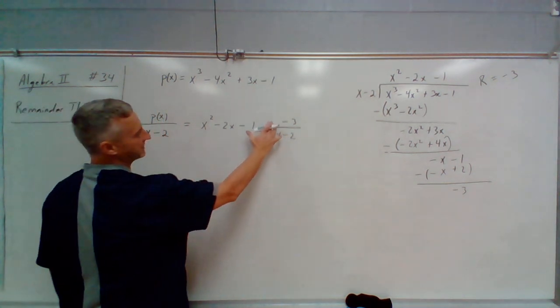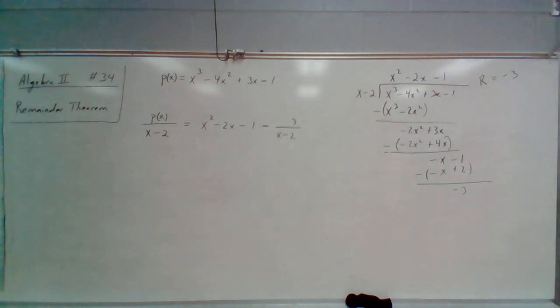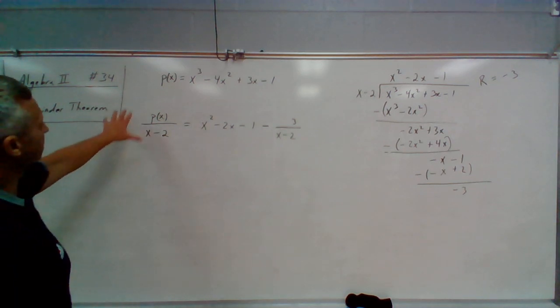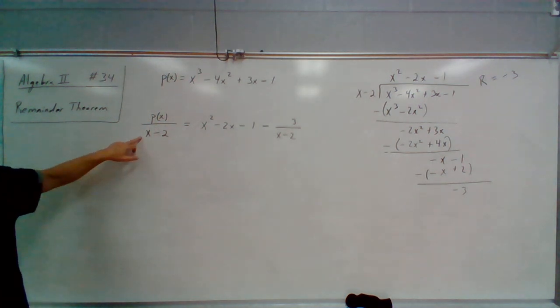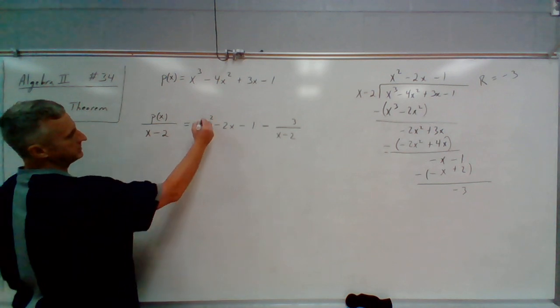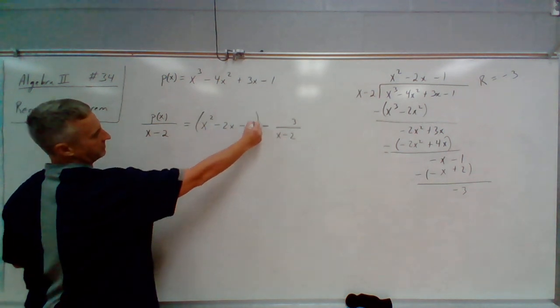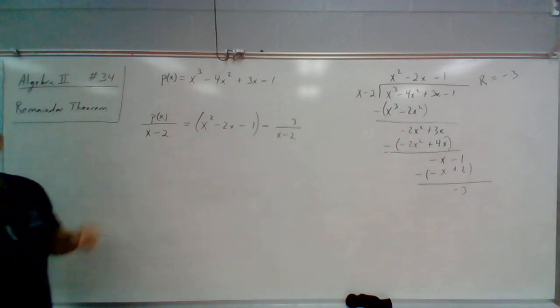And instead of plus negative, I'll just write a minus here. Okay, so let's think about what we have written here. We're saying that this polynomial divided by x minus 2 is equal to this polynomial minus the remainder over that.